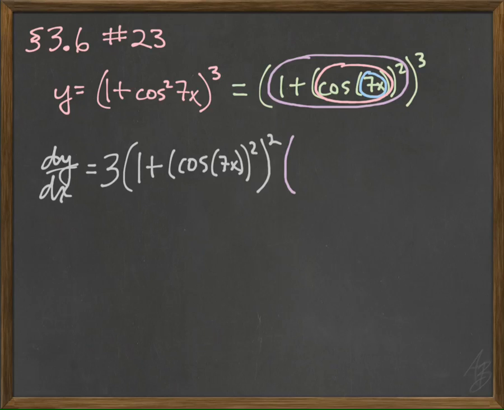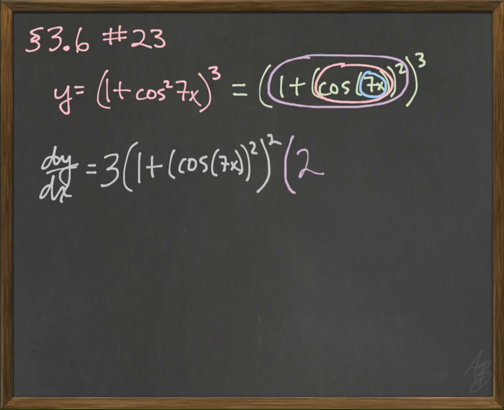So what is the derivative of cosine squared, or all of that squared? What's the derivative of the squared function? It's 2x, right? Let's say it was x, and it would be 2x or 2u or whatever. So it's 2, and we're going to keep the baby inside.